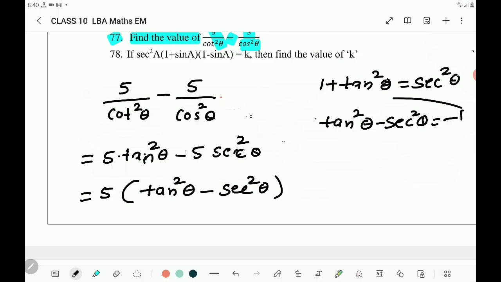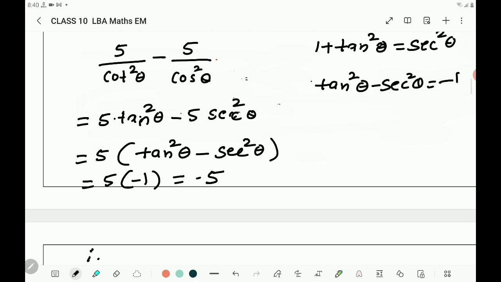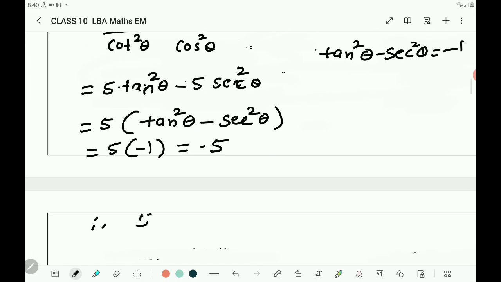So tan square theta minus secant square theta is minus 1. Then 5 into minus 1 is equal to minus 5. Therefore 5 by cot square theta minus 5 by cos square theta is equal to minus 5.